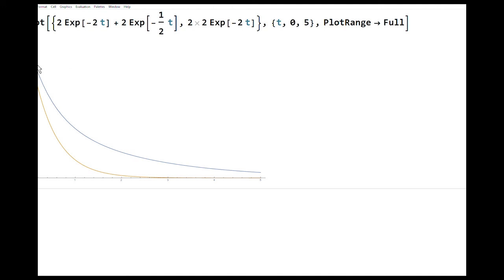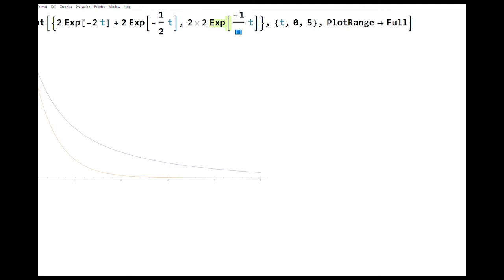You can see that this is actually being slowed down by the slow exponential. Let me also compare this. Take 2 minus 1 over half. So this is 1 over 2. So this is the slow one.